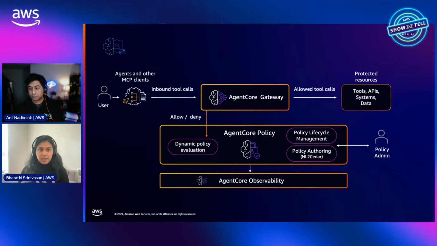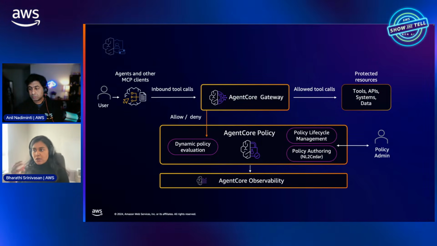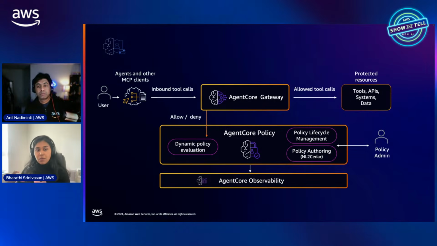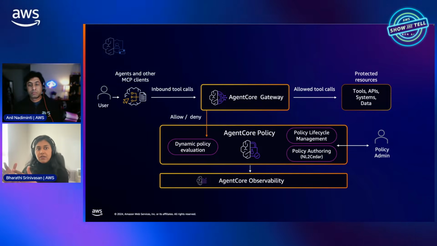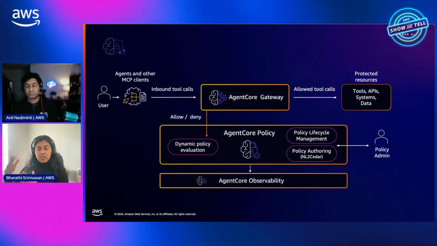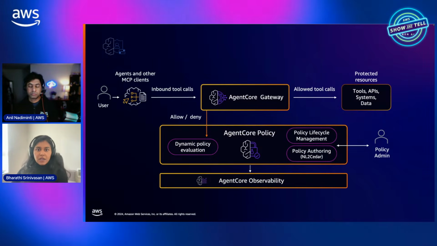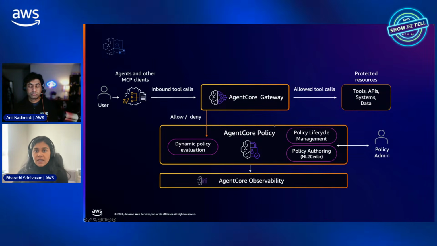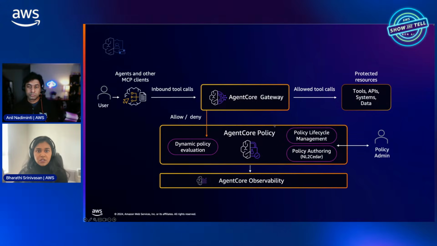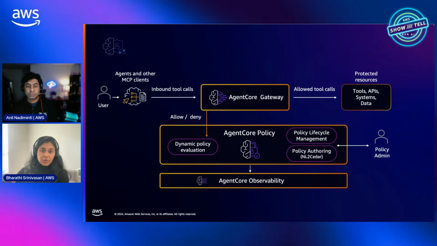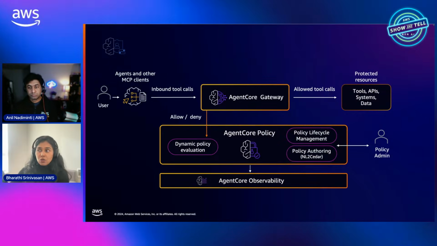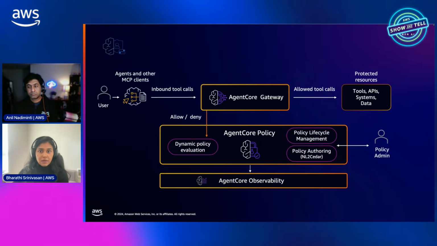So a policy engine is nothing but something that'll hold all your policies. And once you attach a policy engine and have policies in it, it's going to actively monitor all the traffic flowing into your gateway, trying to access the tools. What this does is it gives you a unified protection through deterministic policy enforcement. So you're able to intercept all the agent tool interactions and start governing them using your policies.